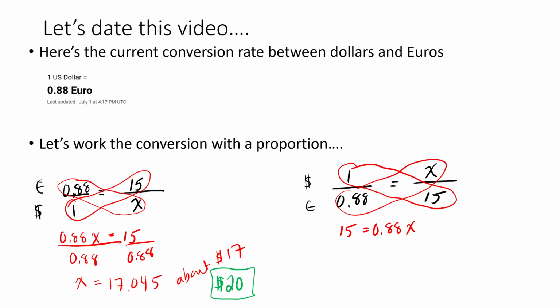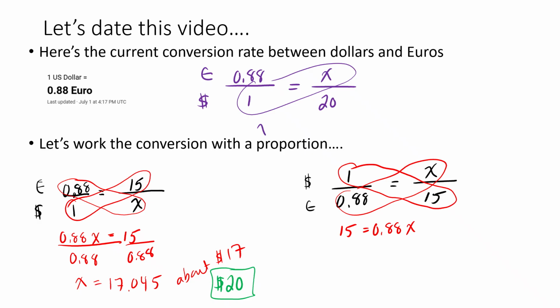It would simply look something like this, where I would have my euros and my dollars and 0.88 and 1. And let's say now I've got my $20 and I want to know how many euros that is. Okay. And so you just make sure that you put your known in the right spot. You have your unknown in the right spot. And so it would work the same way.